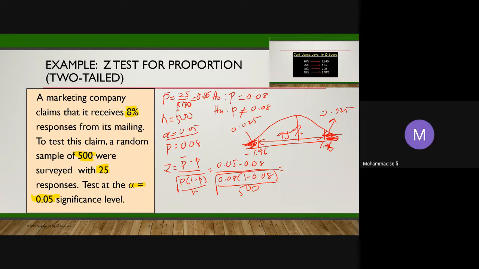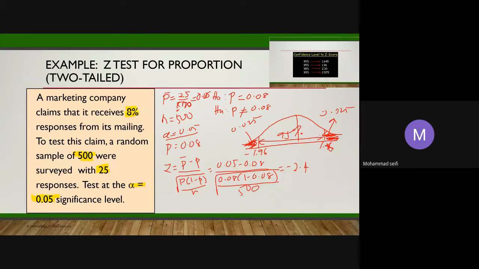I think it's negative 2.4. Yes, negative 2.4. Right?